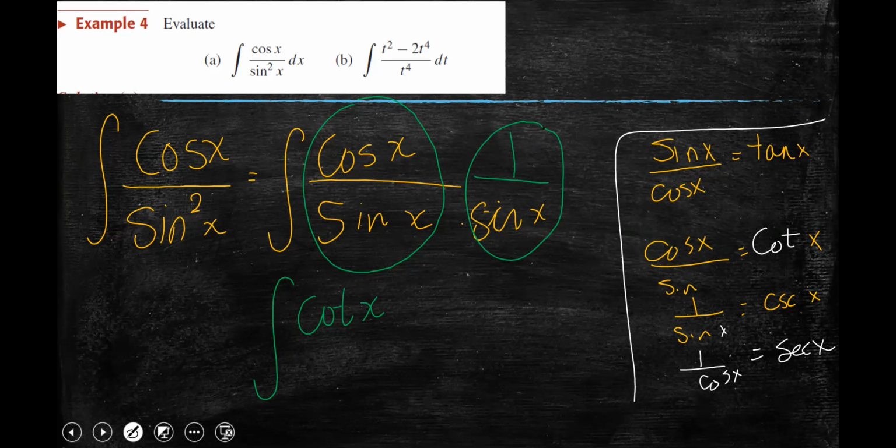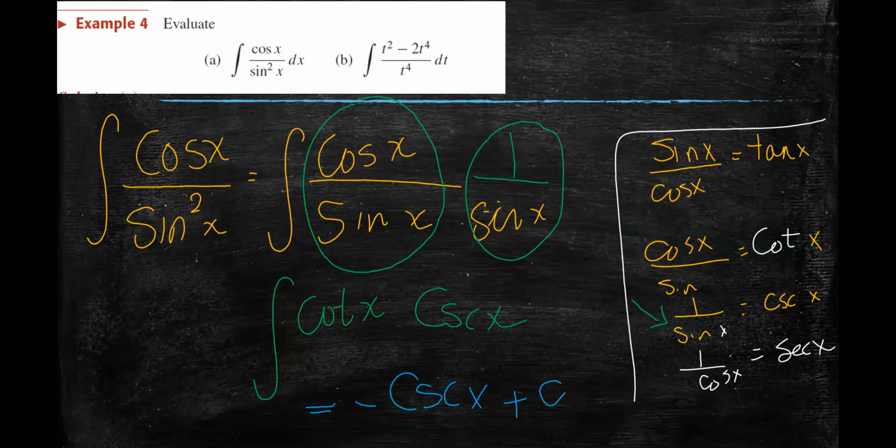It is cosecant. So now, cotan times cosecant. Can I integrate cotan times cosecant? Yes. What is the integration of cotan cosecant? Negative cosecant x plus c. Is it clear? Yes, teacher. Okay.